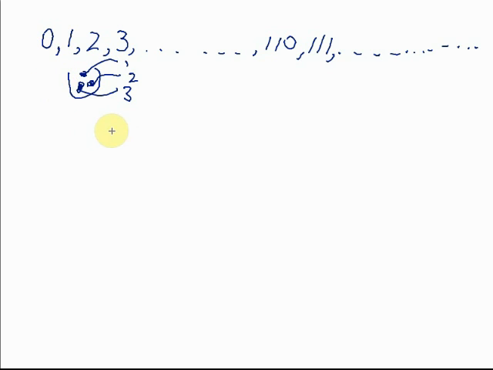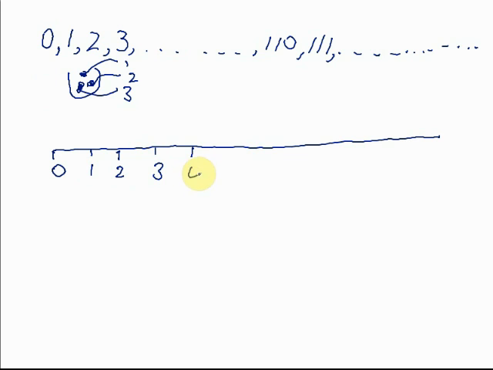Anyway, you may have seen numbers put out on a line, what you might have heard termed a number line. My line isn't very good, is it? I'll start with 0, and then we go on to 1, and then that is 2, and that is 3, and that is 4, and so on and so forth.